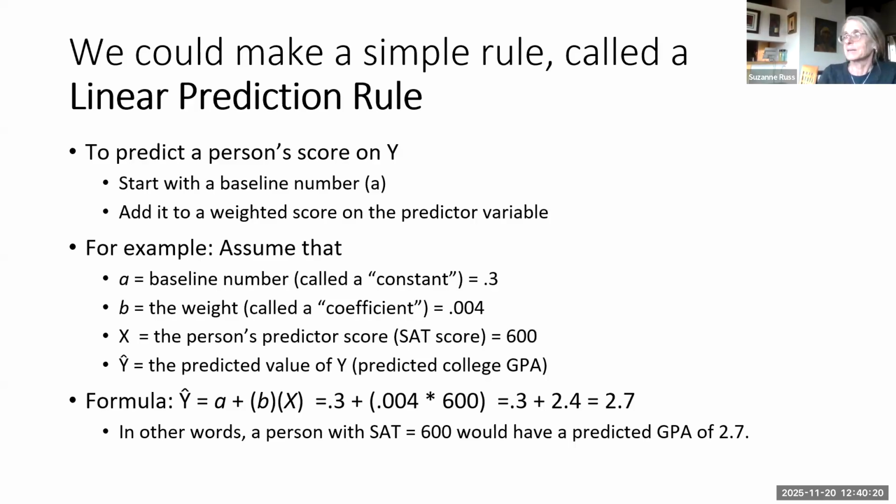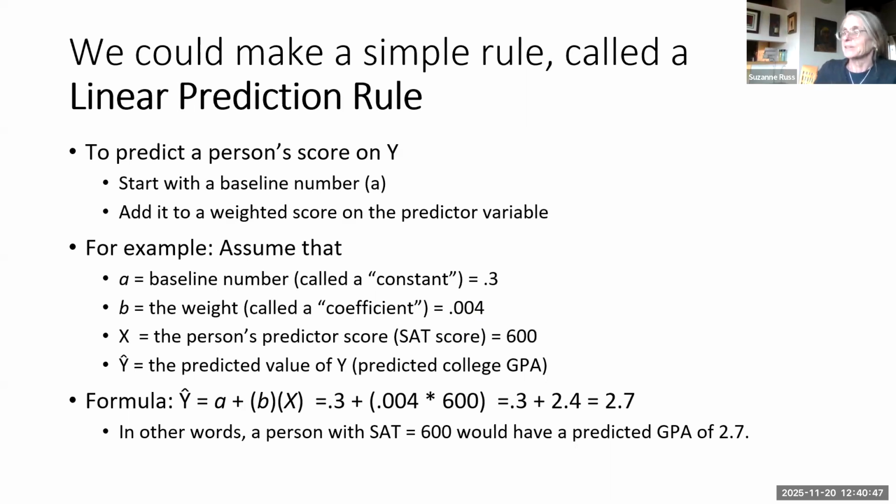So in this example, it means that for each 1 unit increase in someone's SAT score, how much does their GPA increase? Well, not very much, because you know that SAT has really big scores, right? So we looked at scores 580, 590, 600, but this narrows it down to just 1. And that's why this weight is so small.